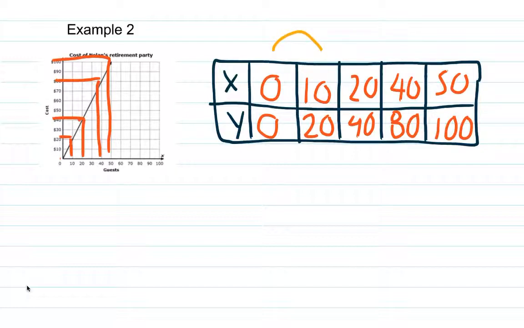X, I can tell just by looking at it that it kind of skipped around. Maybe because I missed something, but I can kind of tell, like, here, I'll show you this. If you go from 0 to 10, you have plus 10. From 10 to 20 is plus 10. From 20 to 40, I skipped one.